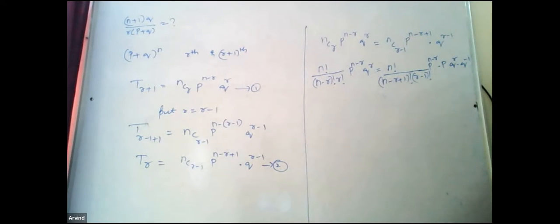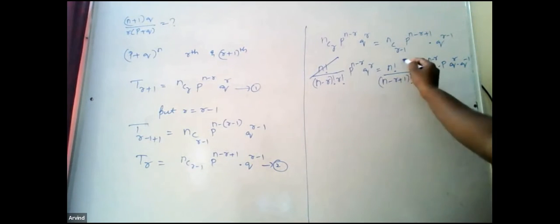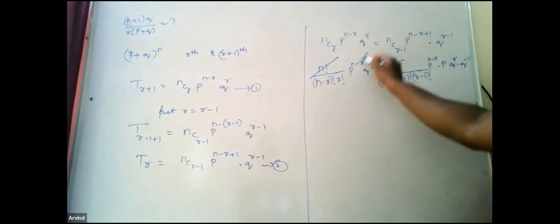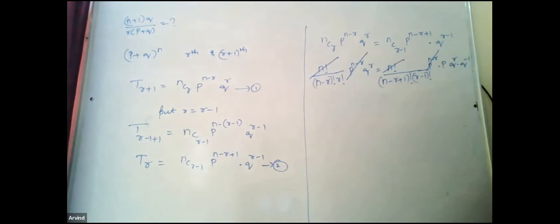Observe what are the things that get cancelled. n factorial cancels, p to the power n minus r, p to the power n minus r, q to the power r, q to the power r get cancelled.